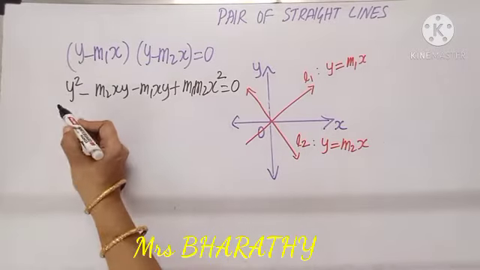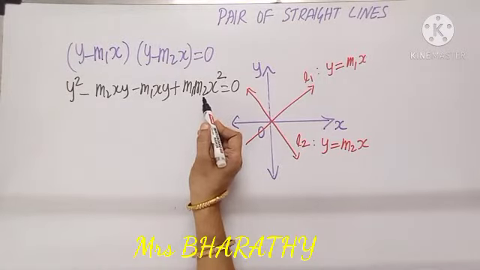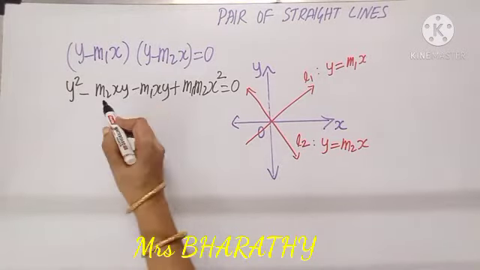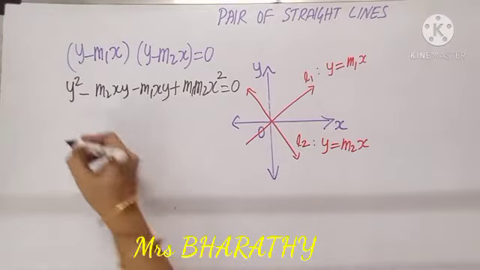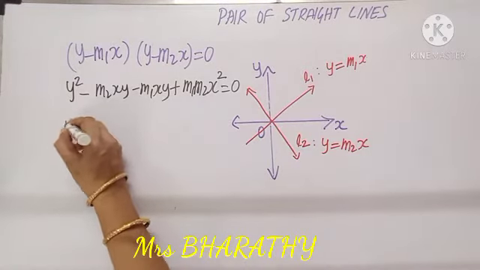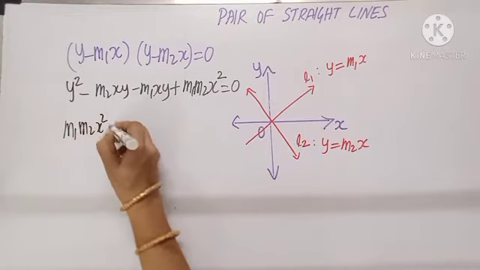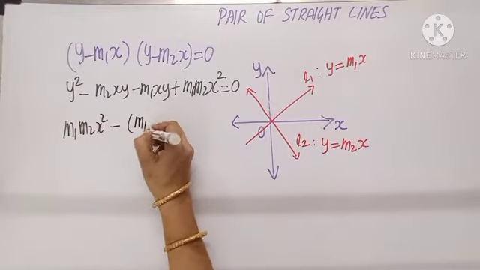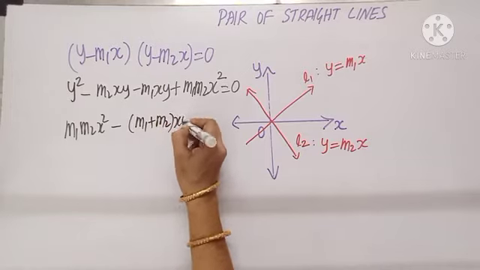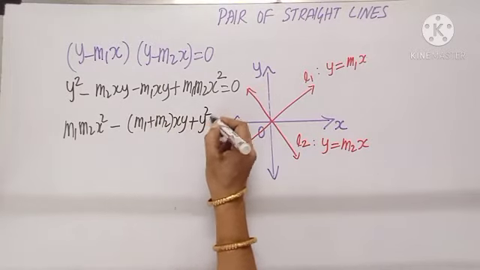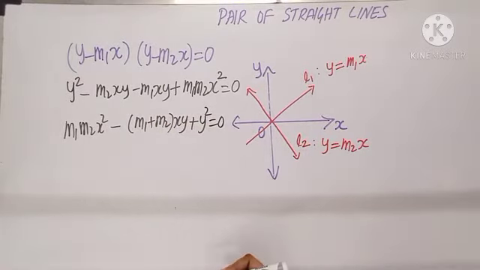So there is a y square term, there is an x square term, and there are two xy terms. I read it as m1 m2x square minus (m1 plus m2) xy plus y square equal to 0.